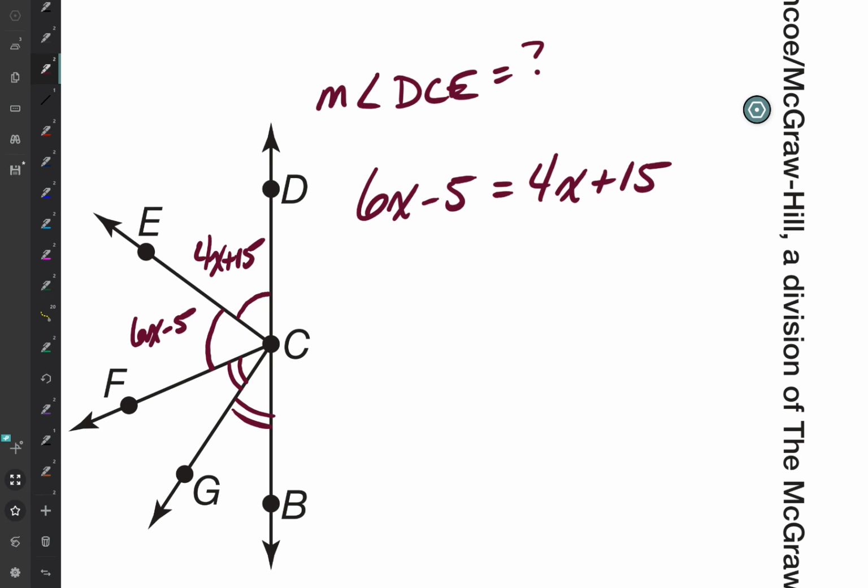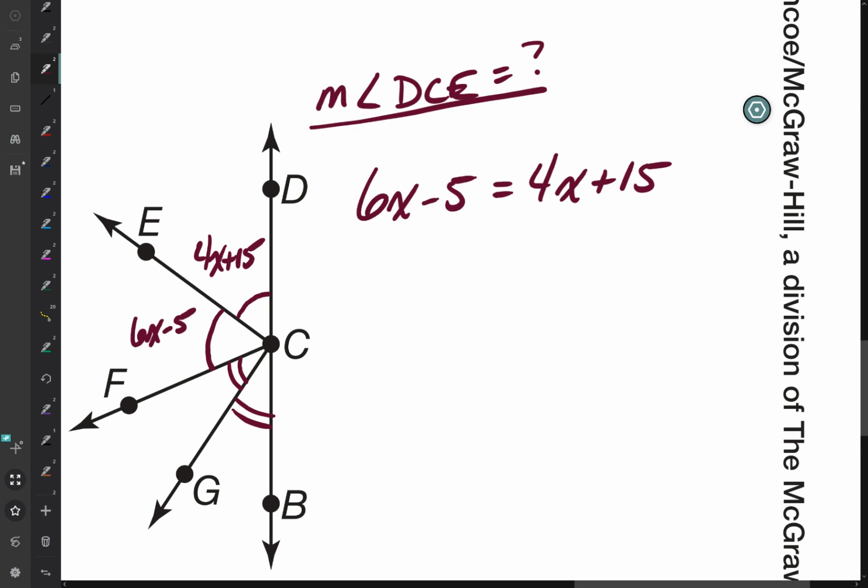4x plus what? What am I now going to do? I need to find x, don't I? But it says to find DCE. Well, if I find x and I put a number in there, can I solve it? What do I need to do to solve this? I'd have 2x minus 5 is equal to what? 15. What am I going to do now?